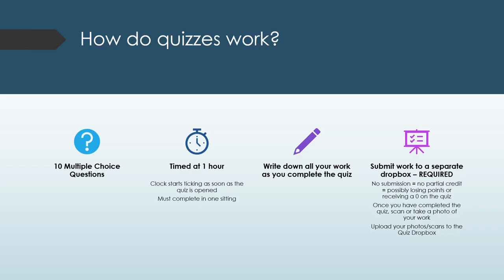You can scan it like with the Genius Scan that I mentioned on the assignment. So you just have all of your work, scan it, and then you can upload it just like you would upload an assignment. If your work is kind of all over the place, you can take the time to rewrite it and make it neater. But make sure that everything is labeled so that it's easy for your instructor to take a look at your work and see where you can get partial credit.